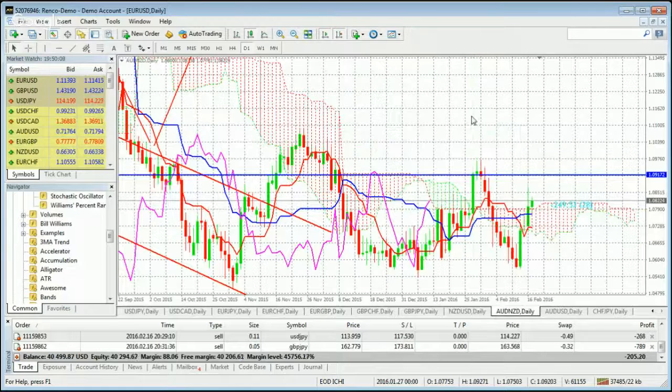Now, what is this one doing? Firstly, bullish or bearish? Okay, so Bevan is saying bullish, right?